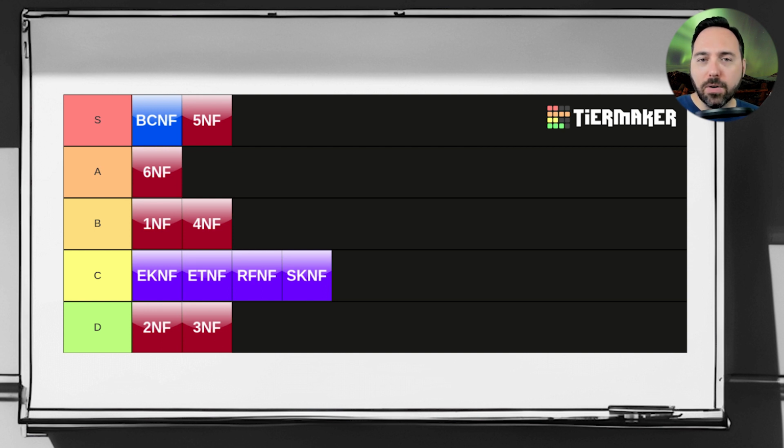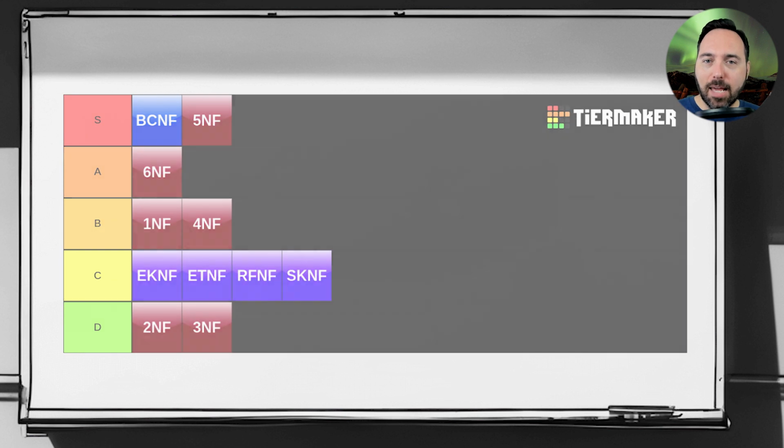The short answer is that Boyce-Codd Normal Form subsumes second and third normal forms. If all relvars in my data model are in Boyce-Codd Normal Form, they are necessarily in second and third normal forms. But my relvars that are in second and third normal form are not guaranteed to be in Boyce-Codd Normal Form, specifically when I have multiple candidate keys.